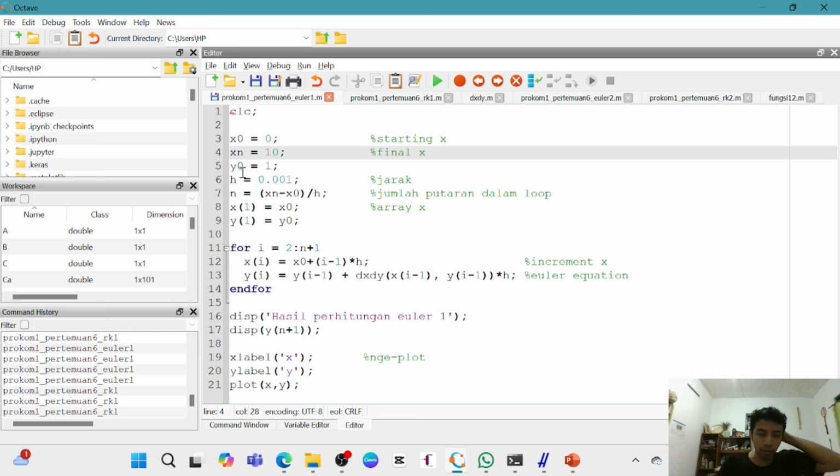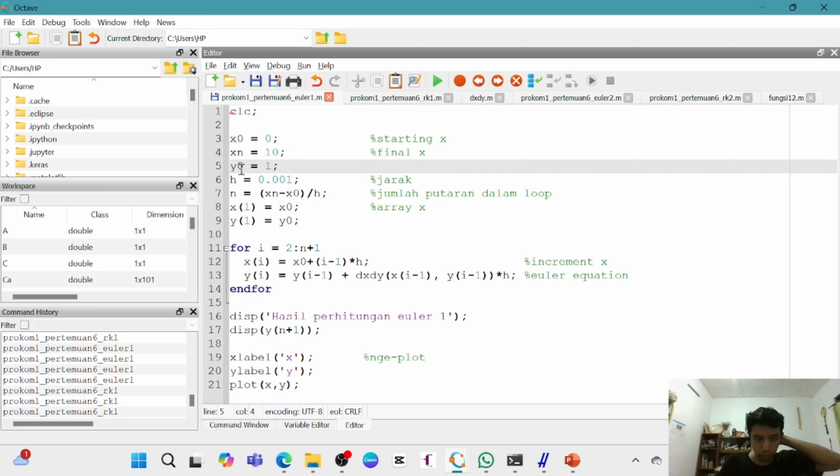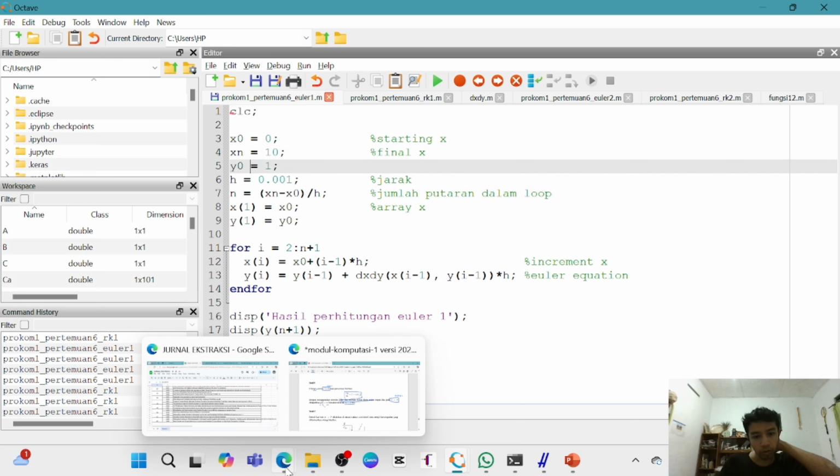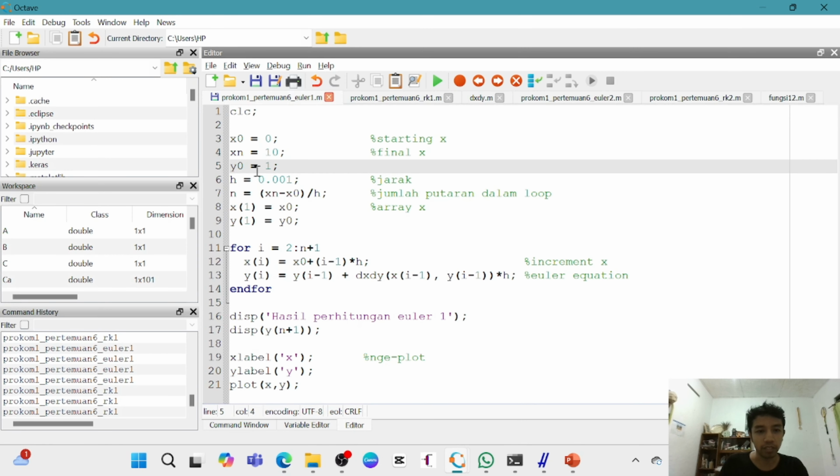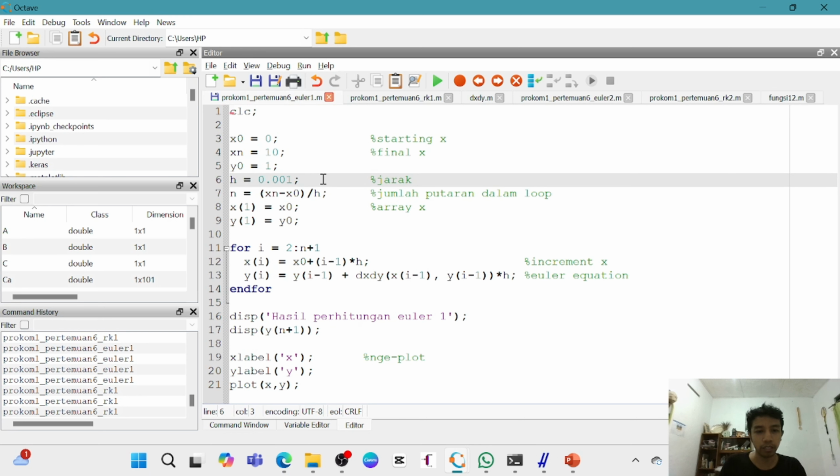Then we have y0 is 1. What is y0? It is the starting y. Then we have h, the interval.